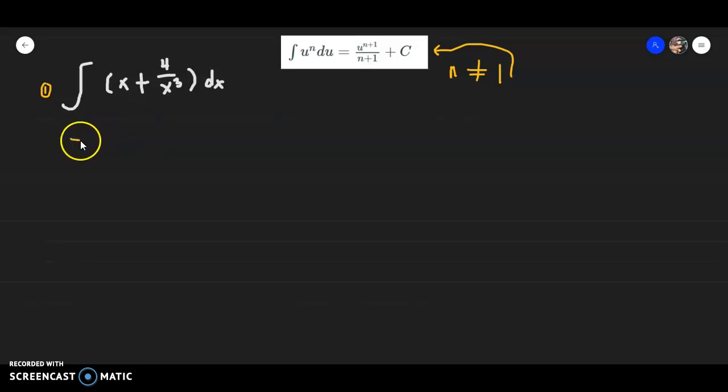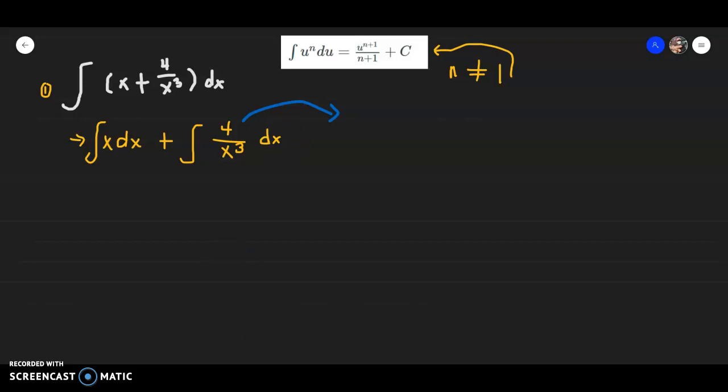So this one will be antiderivative of x dx plus the antiderivative of 4 all over x cubed dx. So, for this one, the second function, pwede na natin ilabas yung mismong constant na 4.